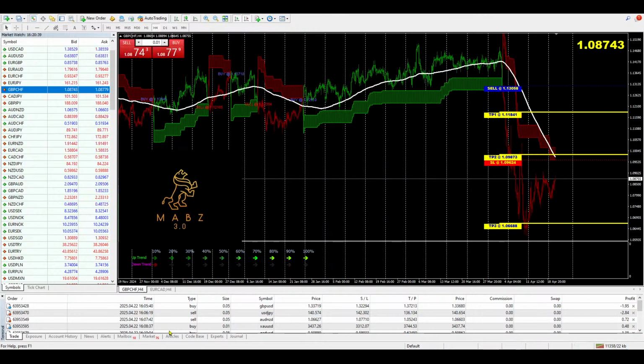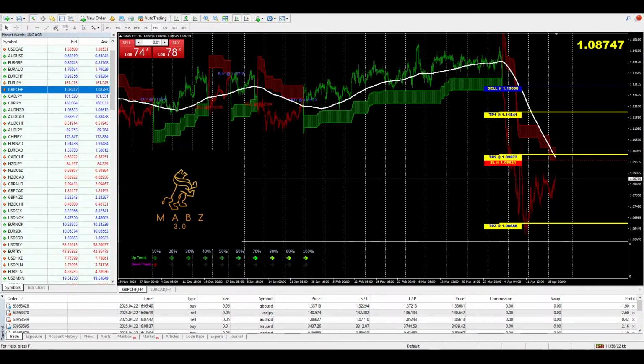Any questions, guys, before I go? Can I trade smaller time frames since I have a small account? Yes, you can. But if you have a small account, what I would recommend is, because there are different types of trading accounts, a standard account, micro account, Islamic account, if you've got a small account, I would suggest using a micro account.